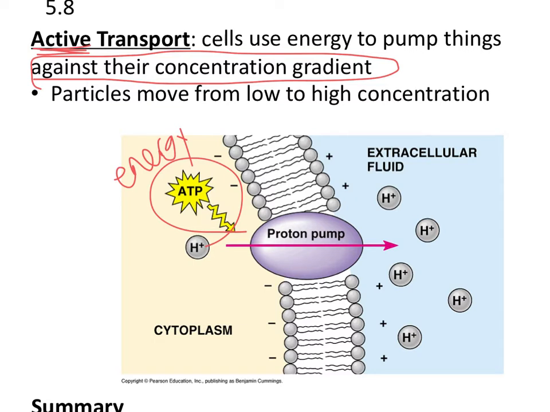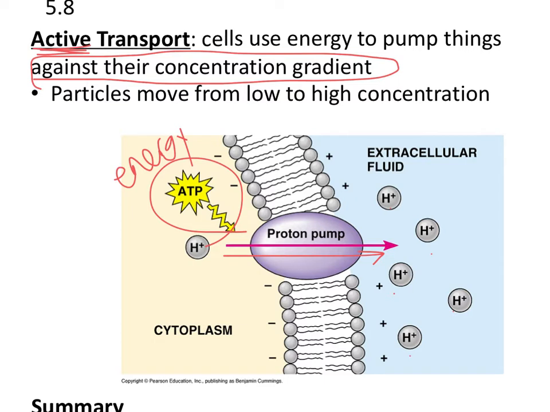That is requiring energy. The reason is because particles don't want to be by those that are similar to them. So the natural flow of things would be for particles to spread out and be equal concentration on both sides. But in active transport, energy is being used to pump particles where the cell wants them to go.